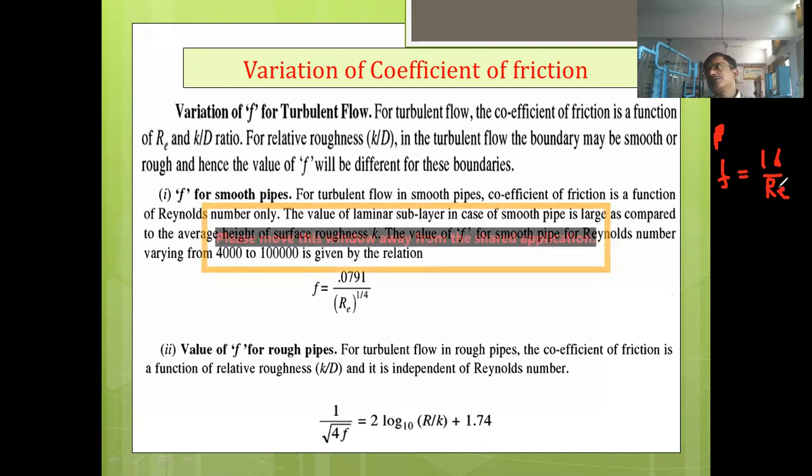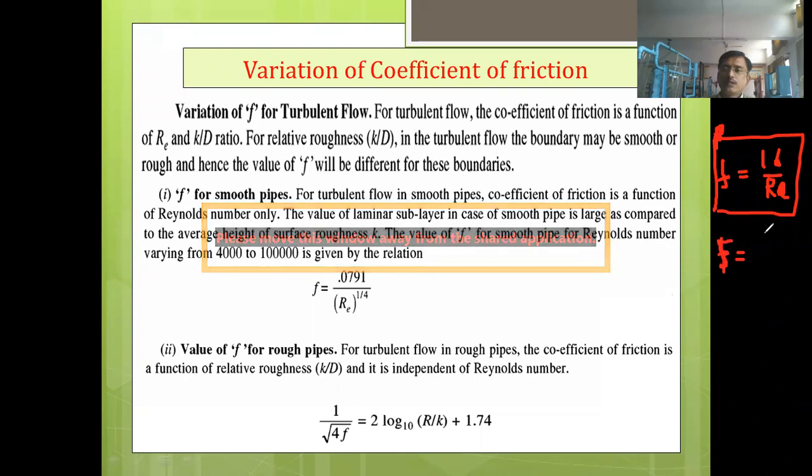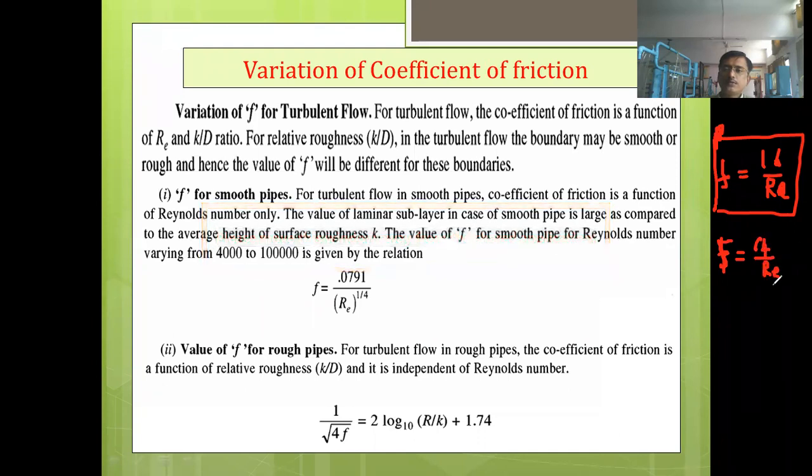This was the expression that we have seen for the relation between the coefficient of friction and Reynolds number for the viscous flow. It also can be expressed in terms of friction factor. So we have to multiply it by 4. So it will become 64 divided by Re. Okay, so this is the friction factor in that case.